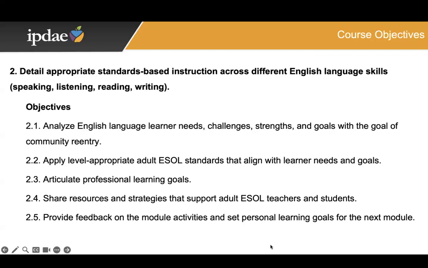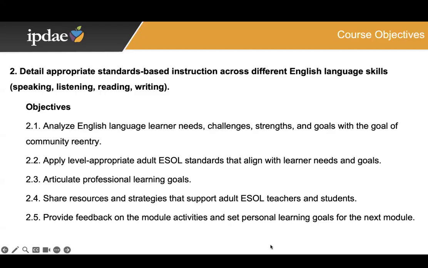Objective 2.2, apply level appropriate adult ESOL standards that align with learner needs and goals, guides course participants in utilizing DOE curriculum frameworks, as well as frameworks for understanding English language proficiency level, standards, and competencies.